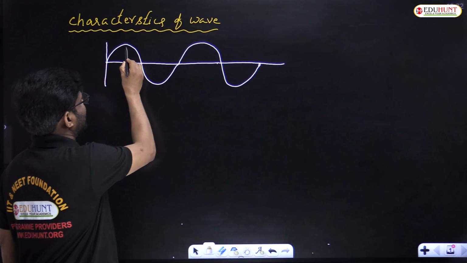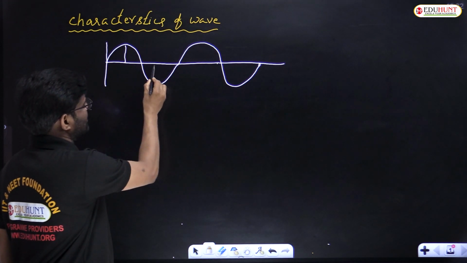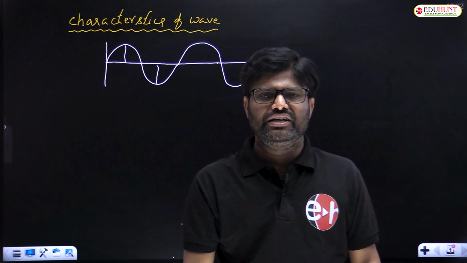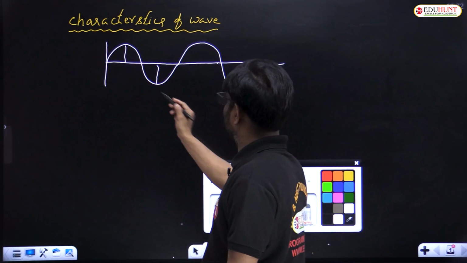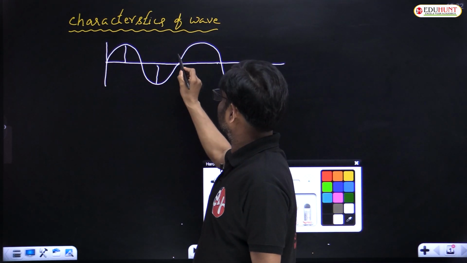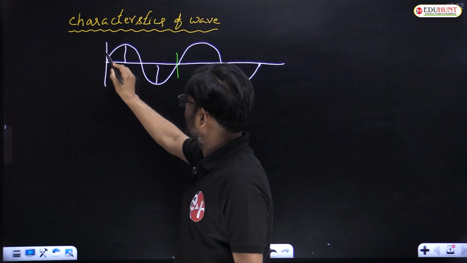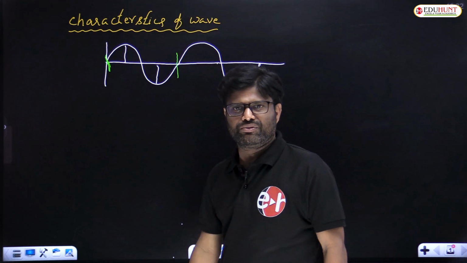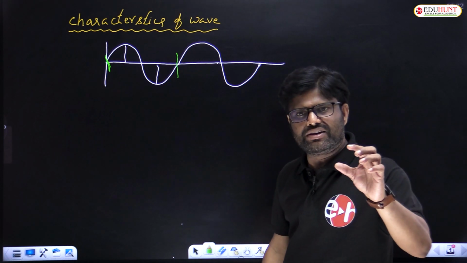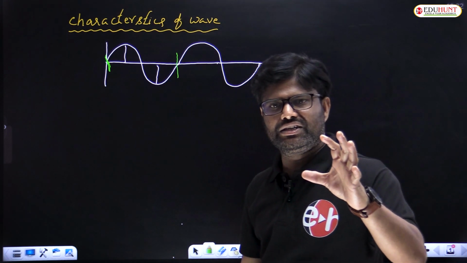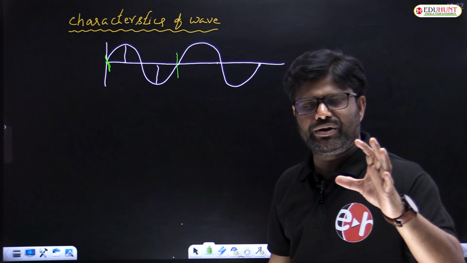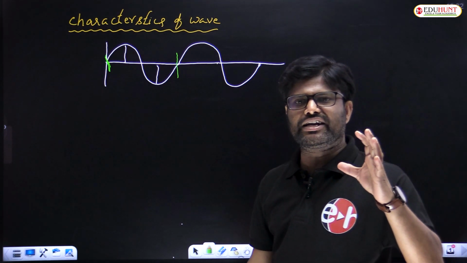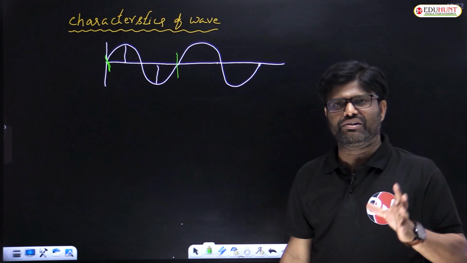Here this is the crest and this is the trough. One crest, one trough is present. That is called a wave. From here to here, this is called a wave. Light travels in the form of wave direction. The wave contains one crest and one trough. Light contains what? One crest and one trough.